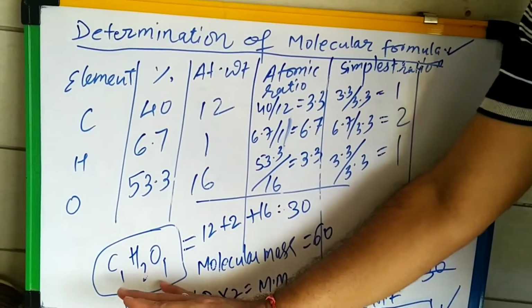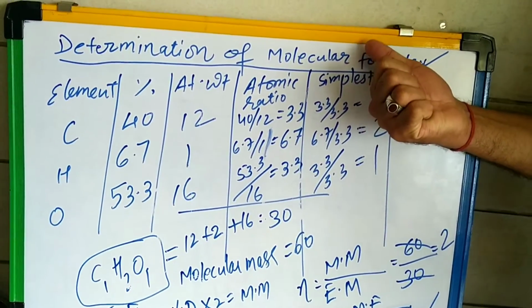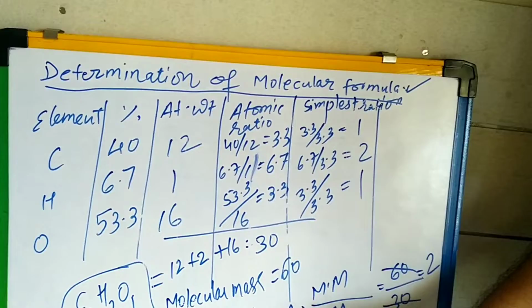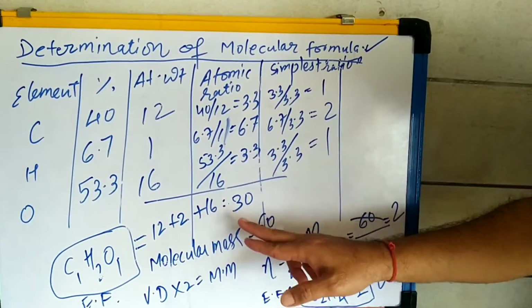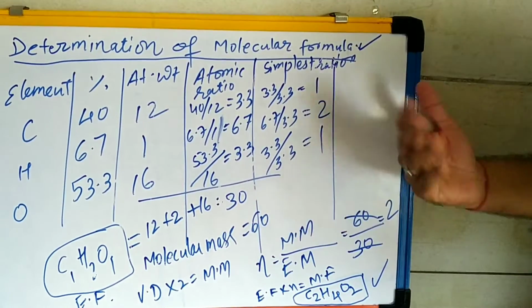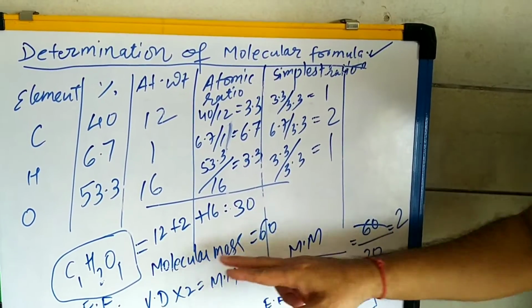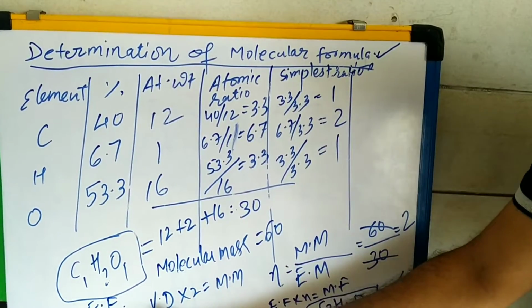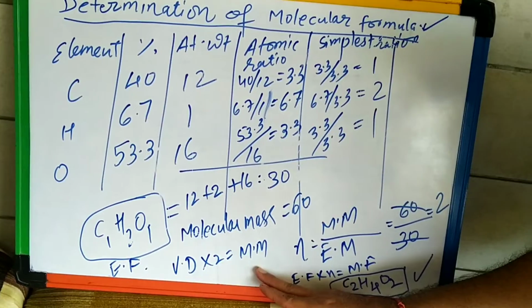Once you get the empirical formula, then do one more step, find the molecular formula, right? If in your question they are asking for the molecular formula, then they need to give the molecular mass. Either they give the molecular mass directly or they will give the vapor density. So 2 into vapor density will be the molecular mass.